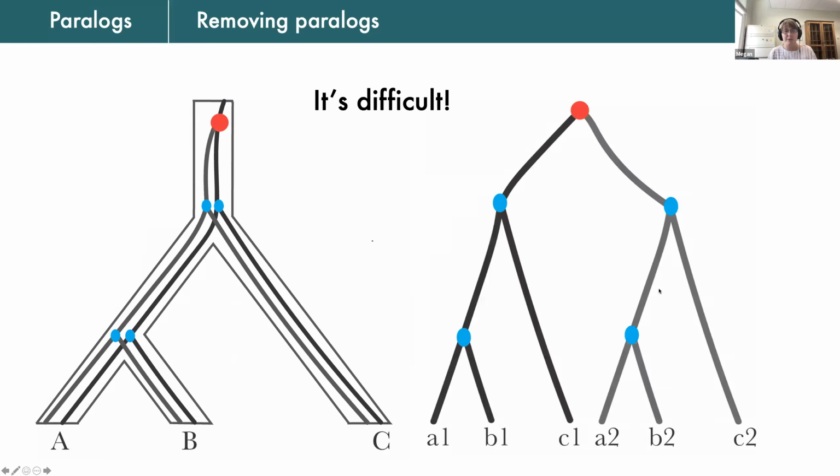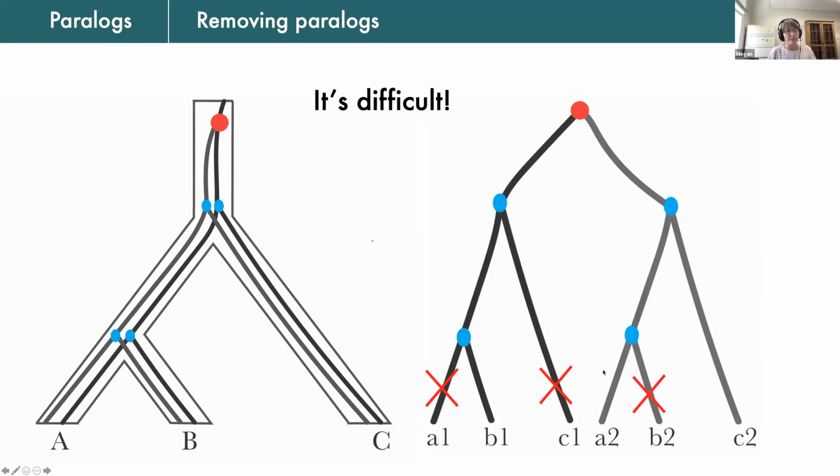Beyond that, it can actually be quite difficult to remove paralogs from our data sets. In this case, we have a duplication event shown in red with subsequent speciation events shown in blue. We can pull that out and show the tree here where we have copy 1 and copy 2. When we have a tree like this, it's fairly obvious that a duplication event happened because I have 2 copies in species A. So obviously we have some paralogs.